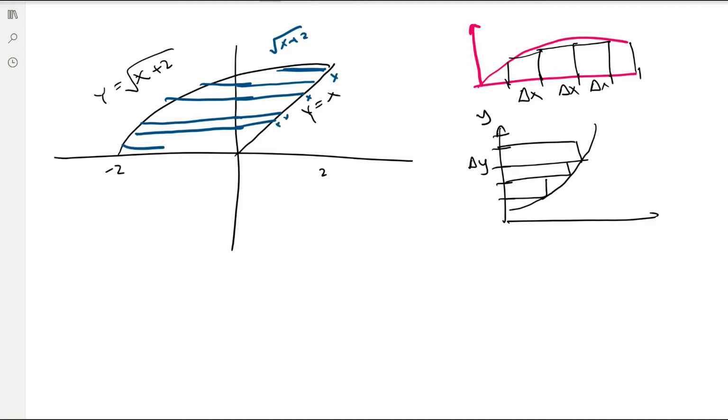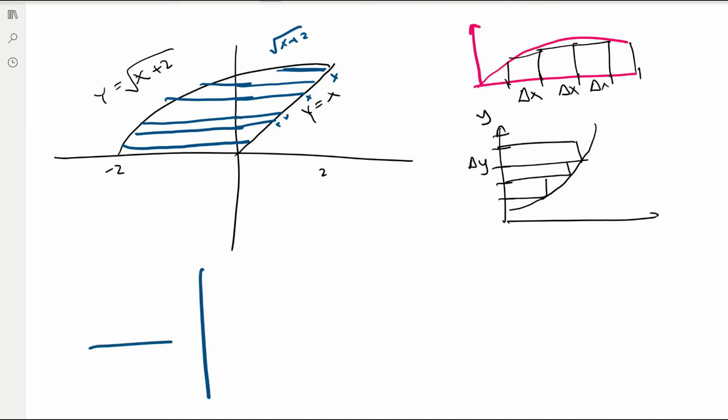If I draw some horizontal lines, the left is always touching square root x plus 2 and the right is always touching y is equal to x. That means if you think about this entire region through these horizontal lines, you only have one region. You don't have multiple regions.